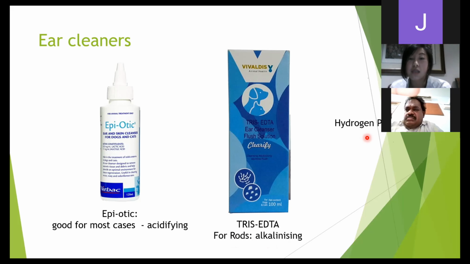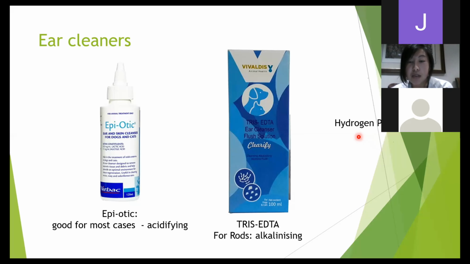So I would say you can use other cleaners that would be better. You can even use saline if you don't have any of these ones. If you have to use hydrogen peroxide, I would probably do it under anesthesia or sedation so the animal's not so painful, and use it in that way. And you can also check the tympanic membrane to make sure that's intact before using.